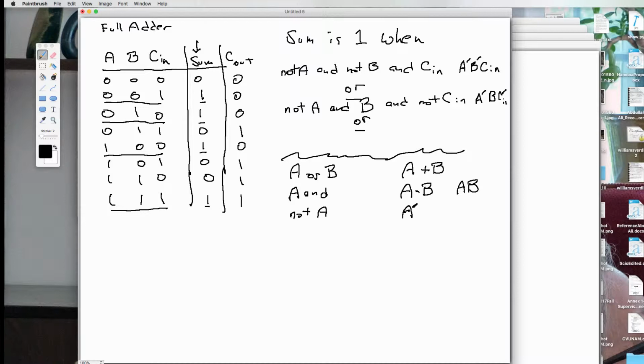In fact, I could completely rewrite sum this way.